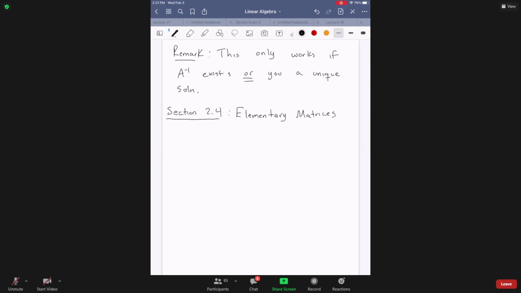You have to work within the language. So this is basically going to make all that formal. Okay, so recall the three elementary row operations. We will see in this section how to make this formal.